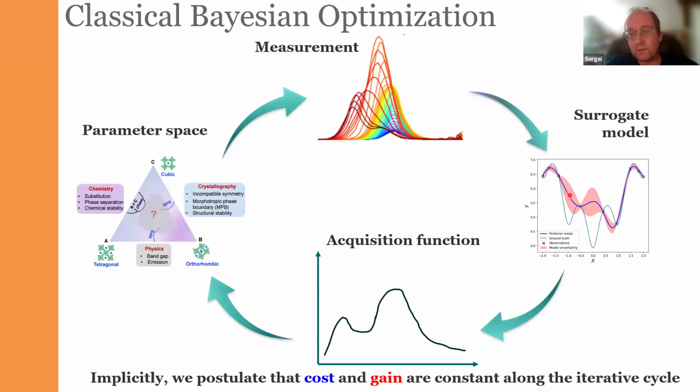The surrogate model gives us the prediction and uncertainty of the parameter that we are interested in over the parameter space. This is what the Gaussian process or structured Gaussian process can do. Then we build the acquisition function, which essentially defines how we want to balance prediction and uncertainty.